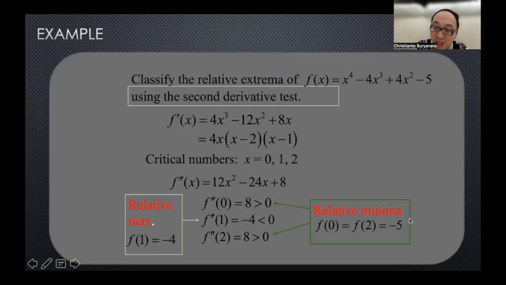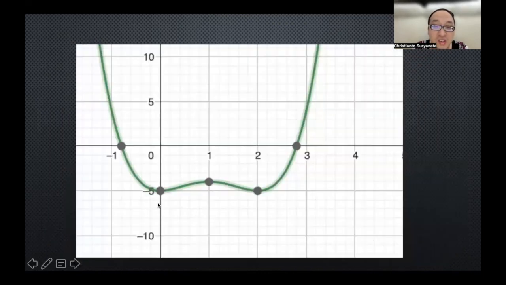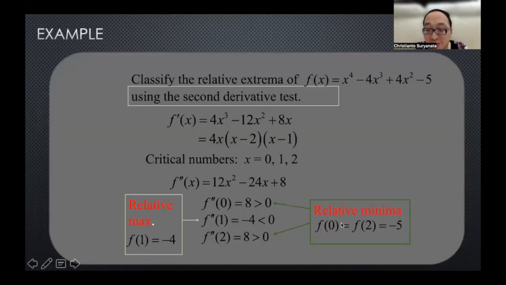And it will be minimum when x equals 0 and 2. So when x equals 0, this is a minimum turning point, and this is a minimum turning point as well. The results are the same as the calculation we did.